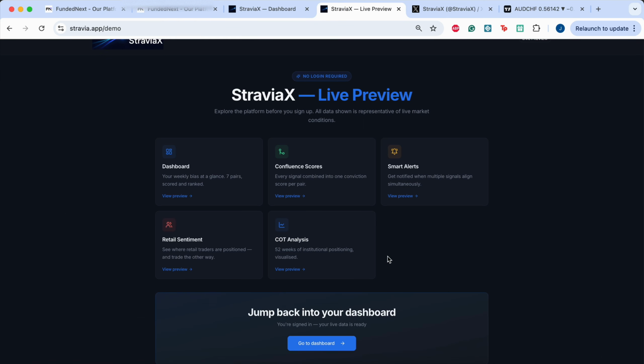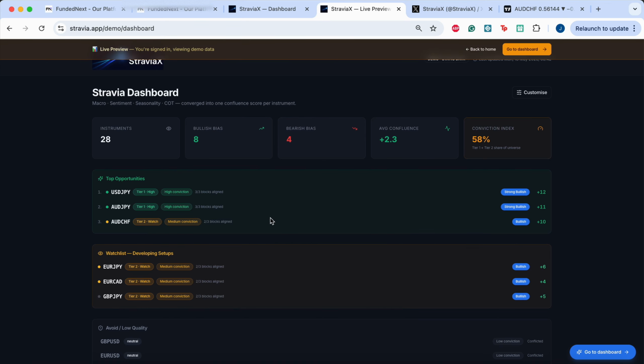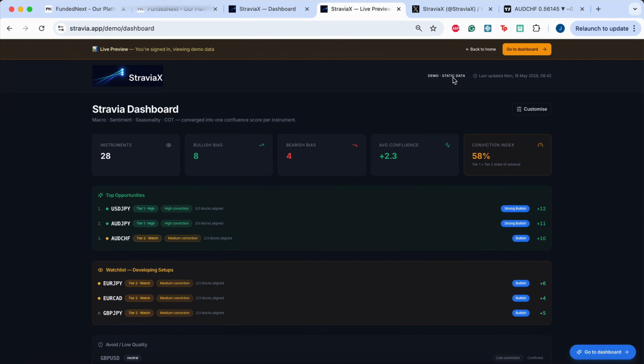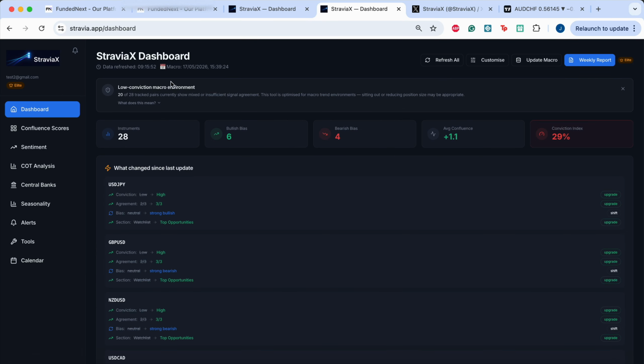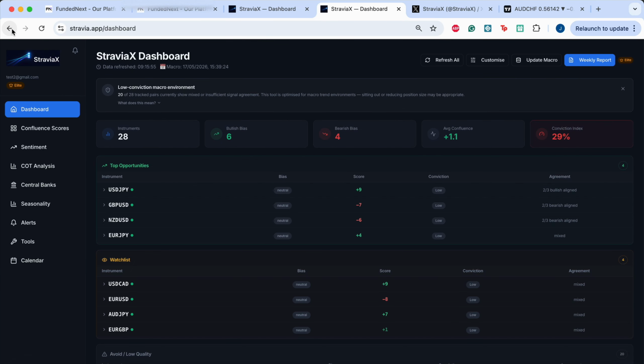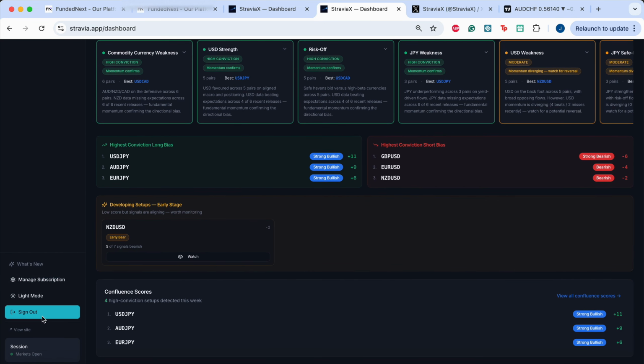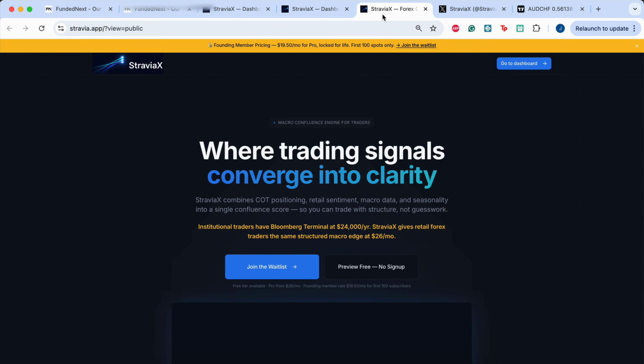If you wanted to come and have a look at some of these, there is a live preview page where you can click through some of these key pages, and it will be demo data, it will not be live data. So it will just give you a bit of a flavor as to how it all works, what it will look like in reality. So as you can see, it's still work in progress, hence why we haven't launched it yet.